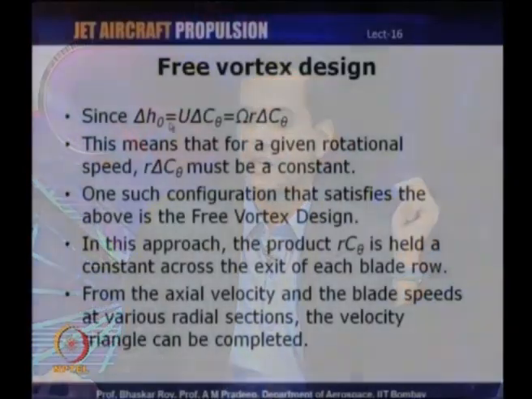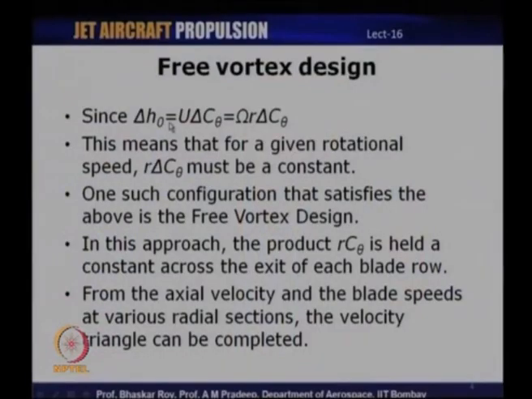So, we know that delta H naught, which is the specific enthalpy change across a stage, is equal to blade speed times delta C W, or C theta, which is equal to omega r, since the blade speed is the product of the angular velocity and the radius. This multiplied by delta C W is basically equal to the specific work input.